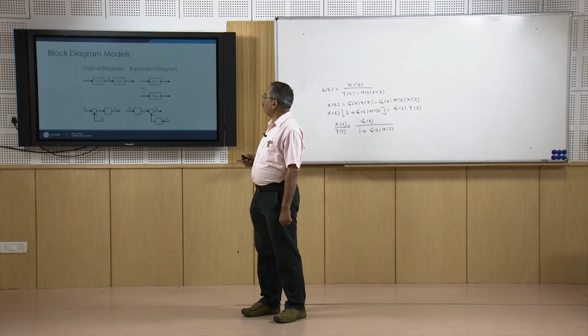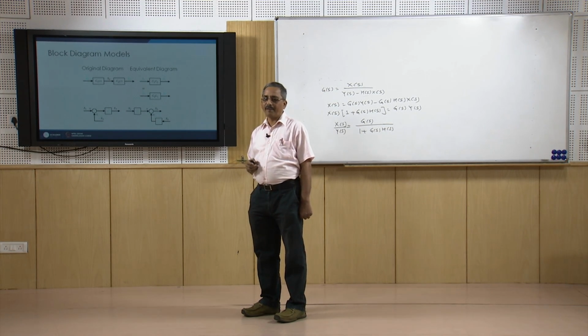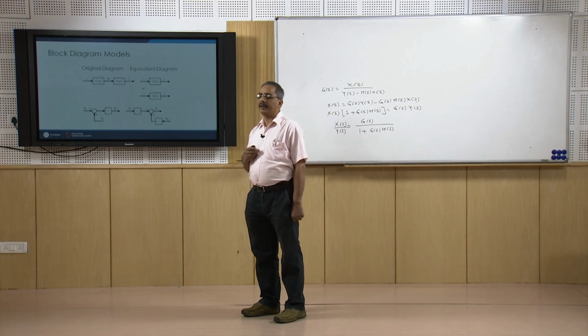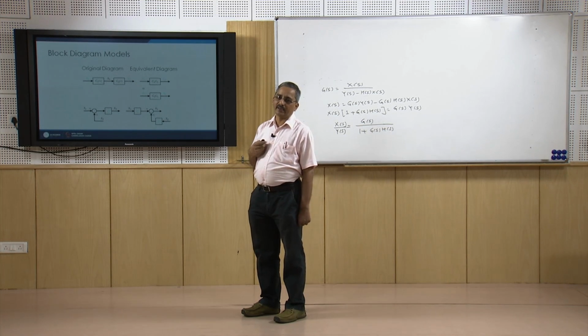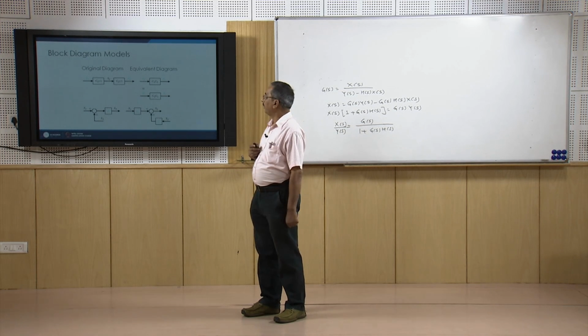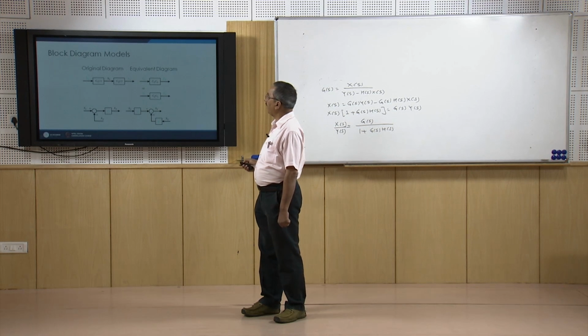Now, there could be various ways in which we can simplify the block diagram in order to find out the overall transfer function. Here certain equivalent block diagrams are given.